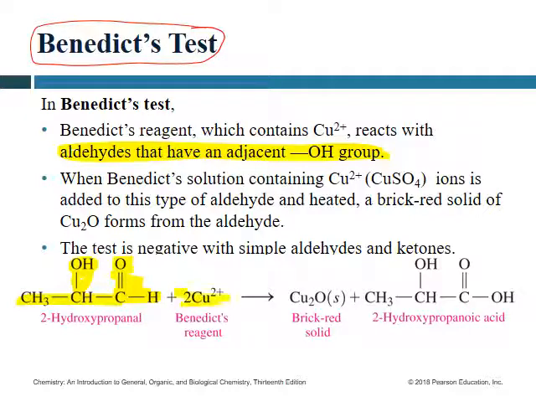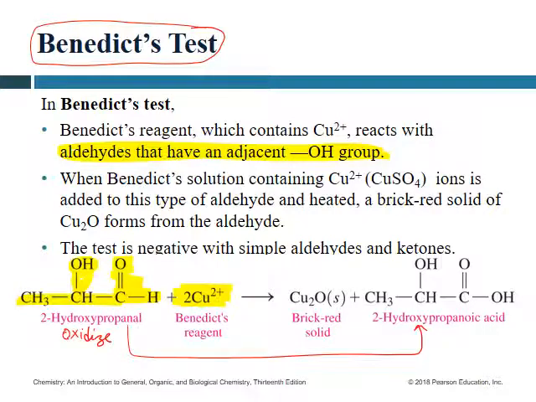Benedict reagent consists of copper ions. So in case of the Tollens test, we saw it consisted of silver ions, and here it consists of copper ions. Here again, what is happening? The copper ions will oxidize our aldehyde, and aldehyde will be converted into, again, an acid.